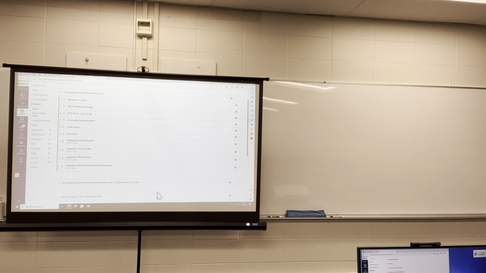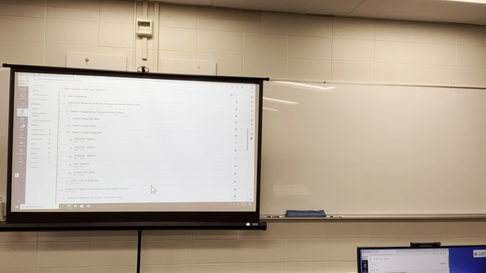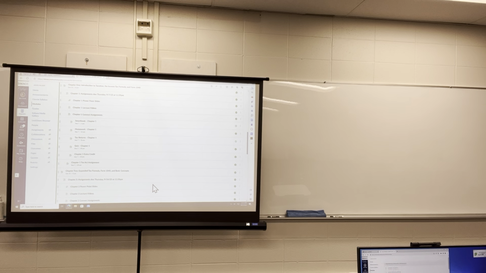Canvas. It starts to get a little bit messy with all these different pages. I'm not lamenting the fact that we don't have Blackboard anymore, because Blackboard was very clunky. However, it's nice to be able to put things in folders. We don't have folders here. Everything's a separate page.